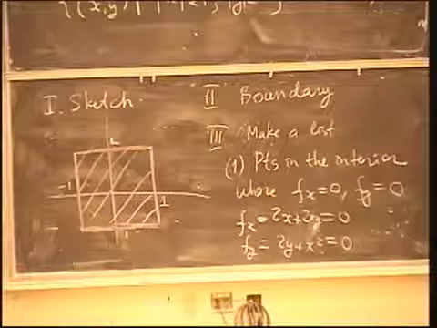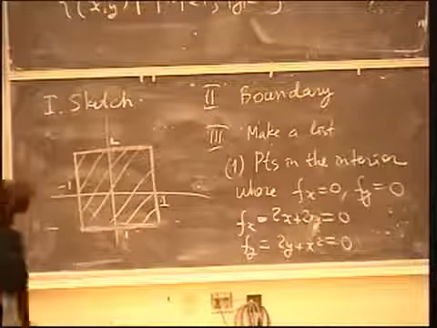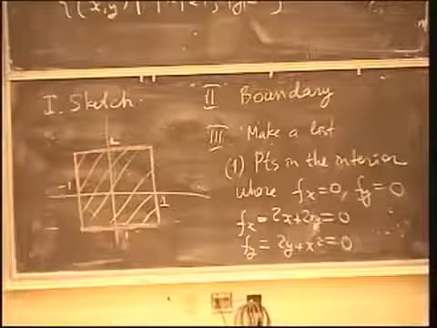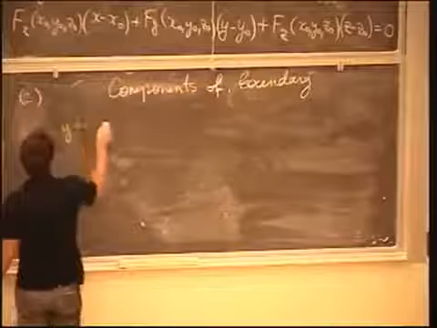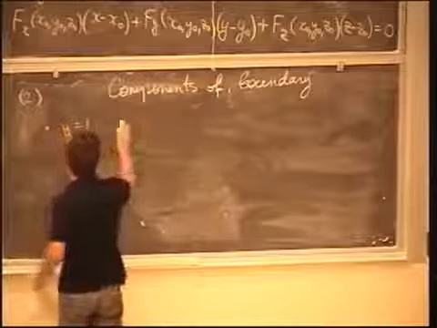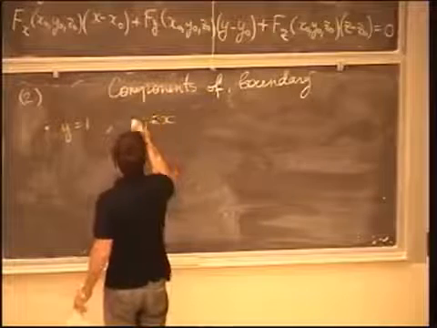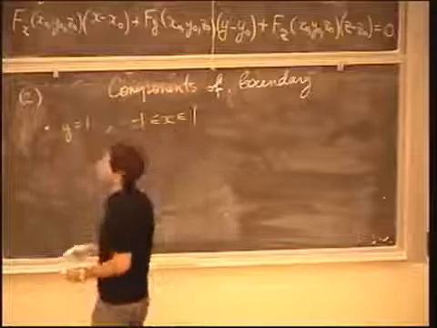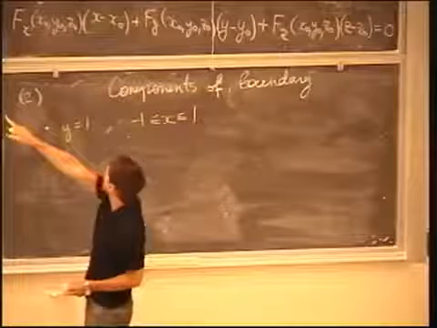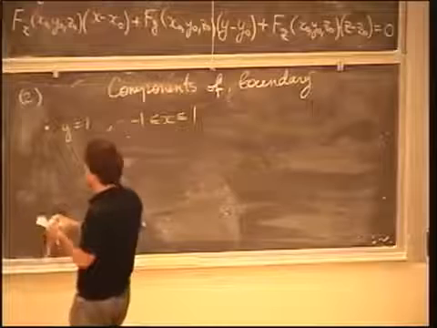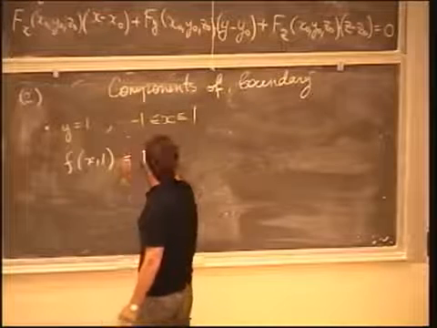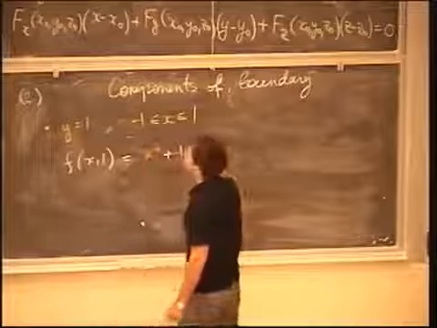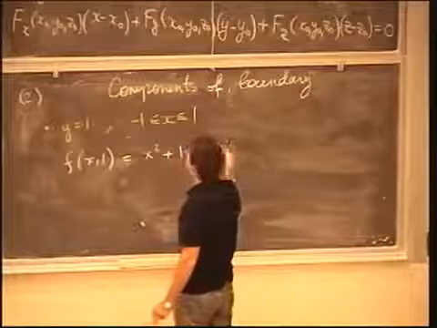1 minute left. Okay. So let me give you an example. Say one of the components is y equals 1 and x is between -1 and 1. So I substitute this y equals 1 into this formula and I get f of (x, 1) is x squared plus 1 plus x squared plus 4.